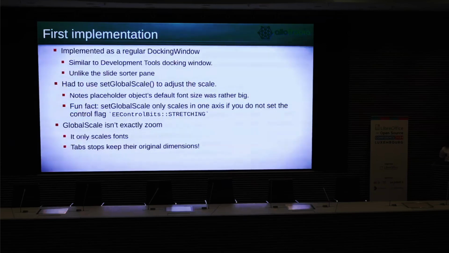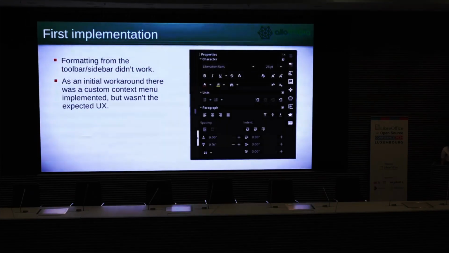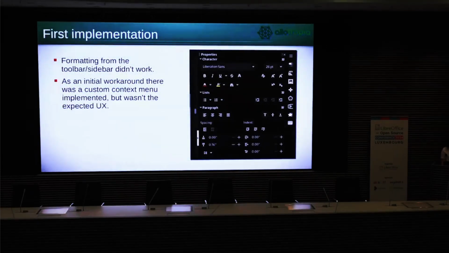So if there were tab stops, bullet points or stuff like that, they kept their original dimensions. So what happened was there were bullet points with huge spacings and little text next to it. That was a problem with it. And a big problem was in the notes pane you couldn't use any toolbars or regular sidebar property editing tools.